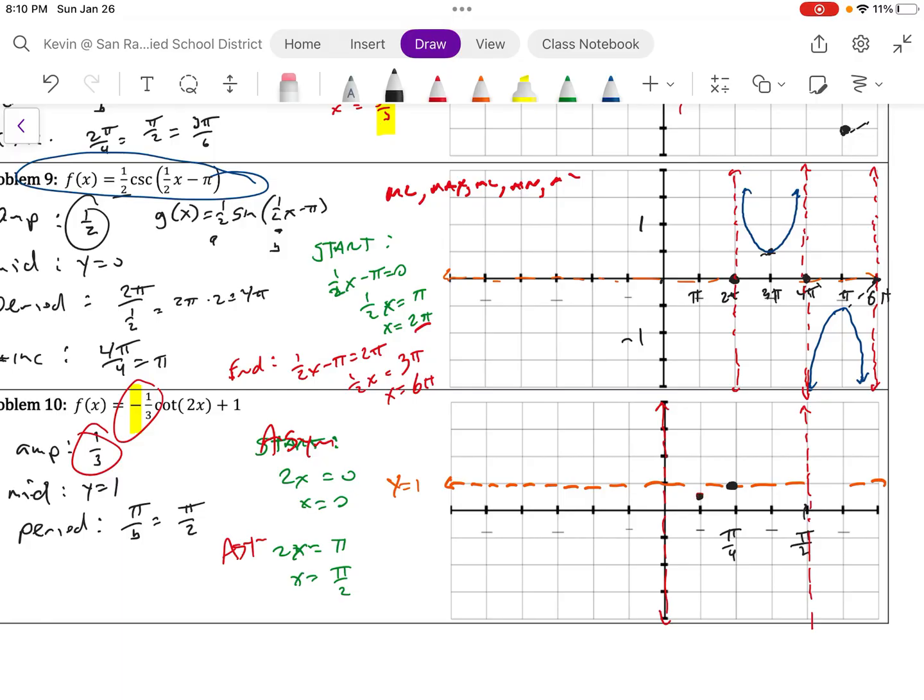Our amplitude is 1/3, so I just go down 1/3. Down 1/3, and I come up here 1/3. Okay? And this has to have this kind of look to it. That's not bad.